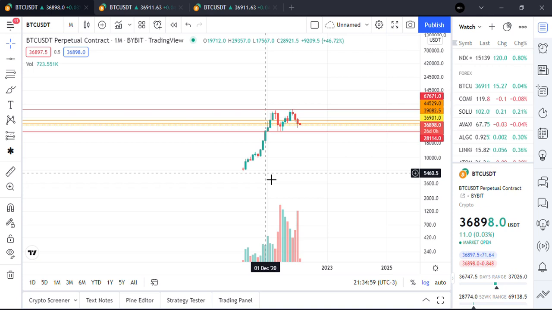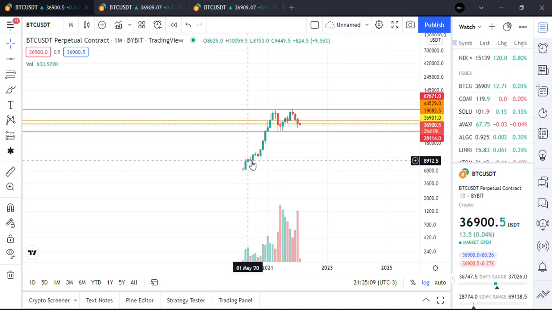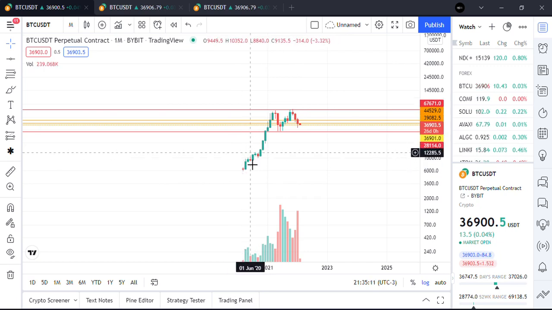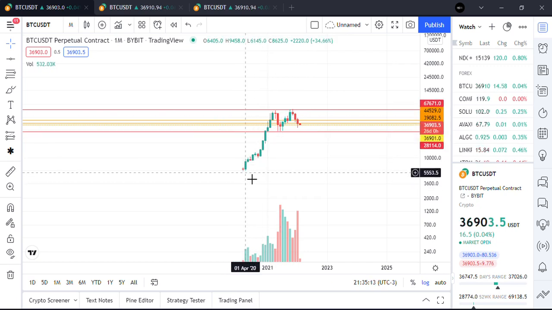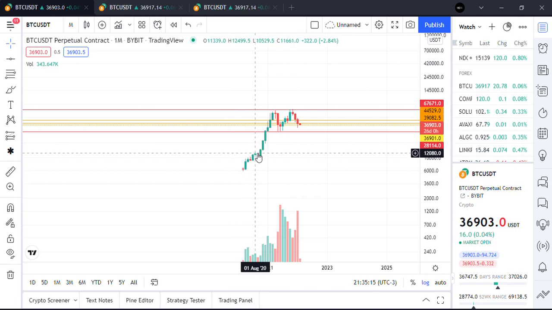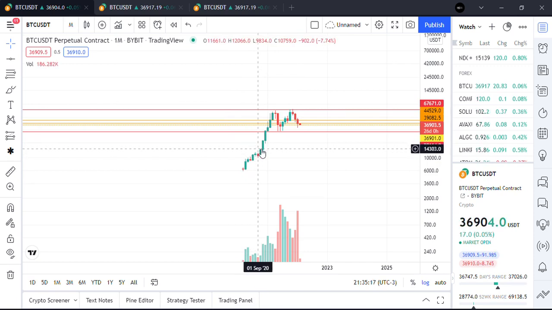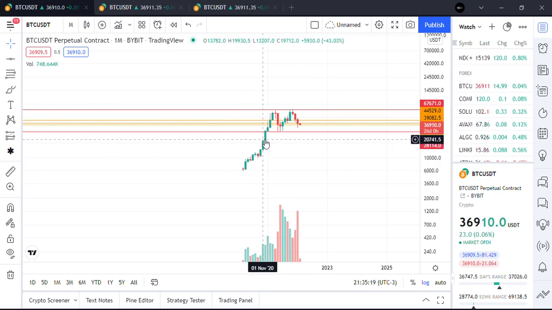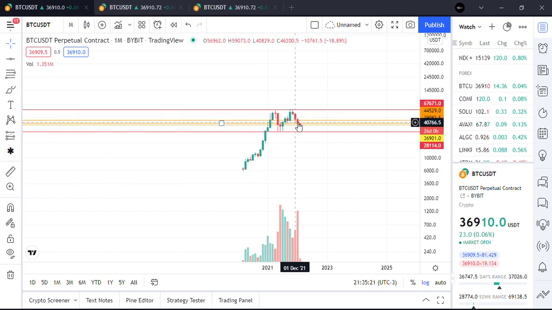So there are three types of trends. We have uptrend, we have a downtrend, and we have sideways trend. So how do you identify these trends? This is basically an uptrend because there are higher highs. This is a high, another high, another high, another high. Higher highs, while lower lows show a downtrend. This is a low, this is another low.